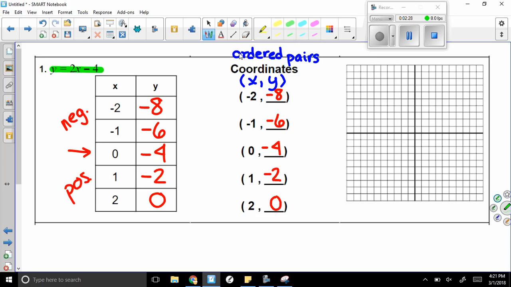This dark line in the center going horizontal, or going left to right, that's the x-axis. The same dark line that goes vertically from the top to the bottom, that's my y-axis.